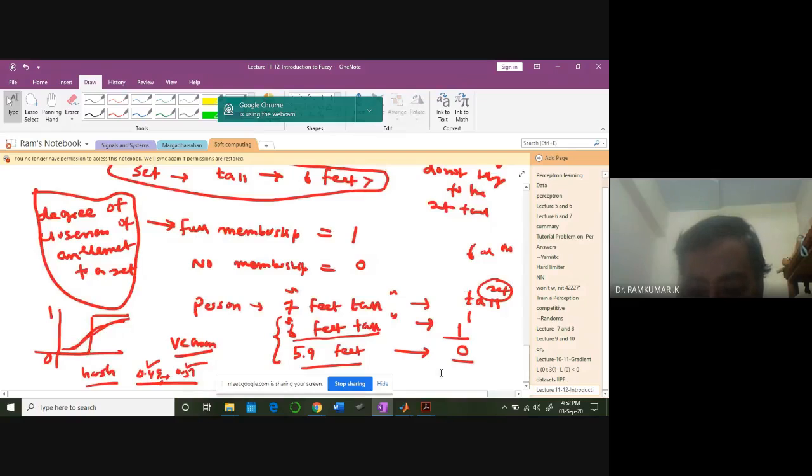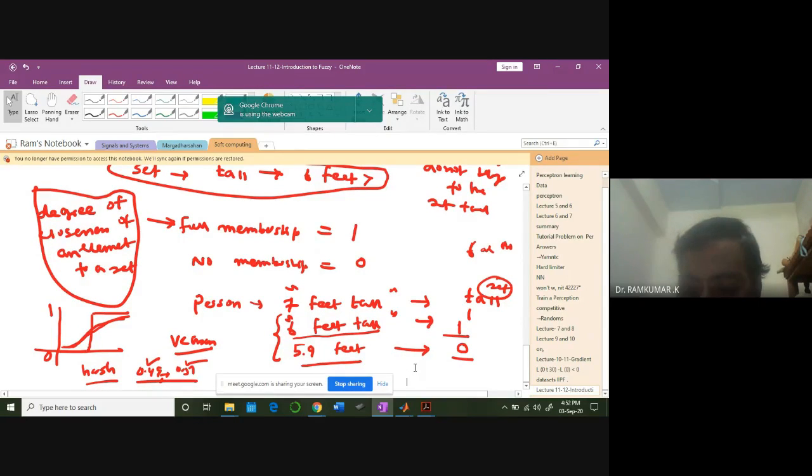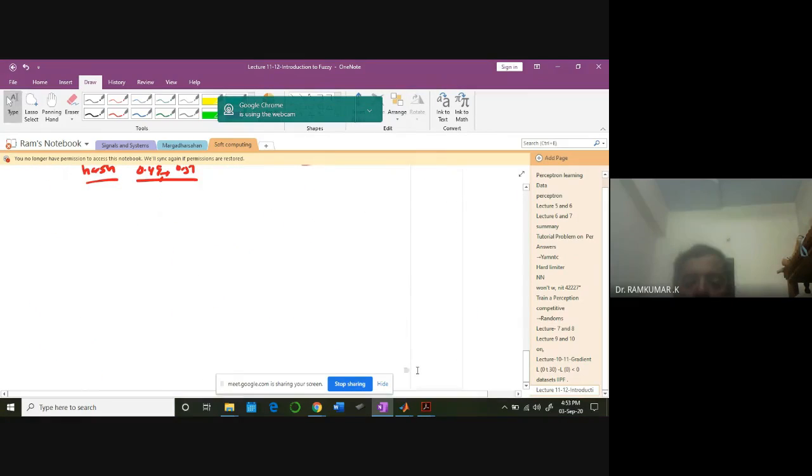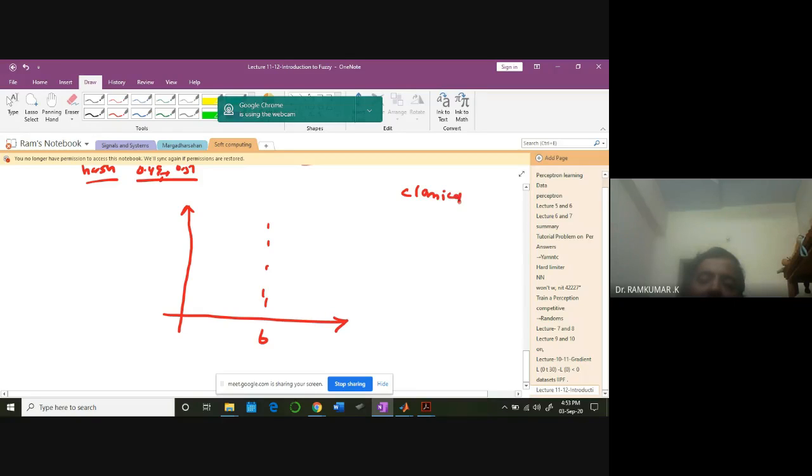So instead of that, what we are going to do is fuzzify this data. I'm going to take the same classical set and define a set called a fuzzy set, instead of a classical set. Classical set tells you whether an element belongs to a set or not, either 0 or 1.